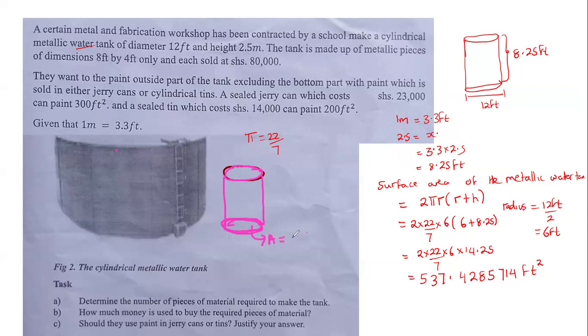How would we get the area of a circle? Pi r squared. Then also up here we have a circle. It's also given by pi r squared. Now this part here in the middle, which I'm dotting, it is a curve. It is like a curve of this nature.